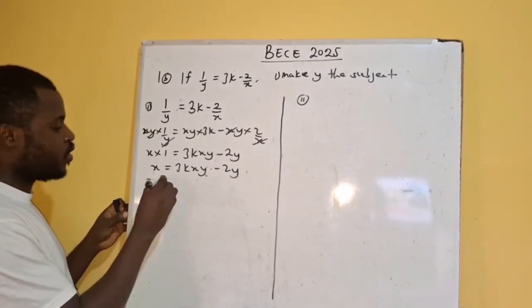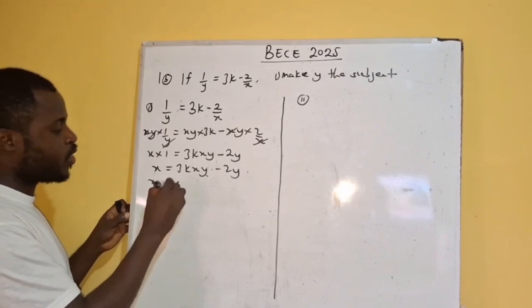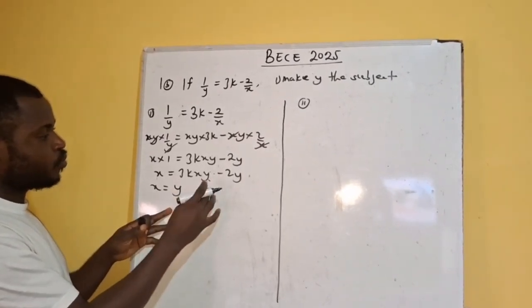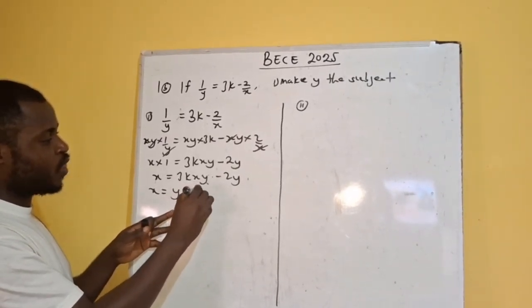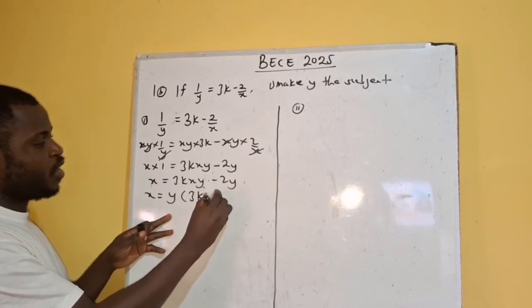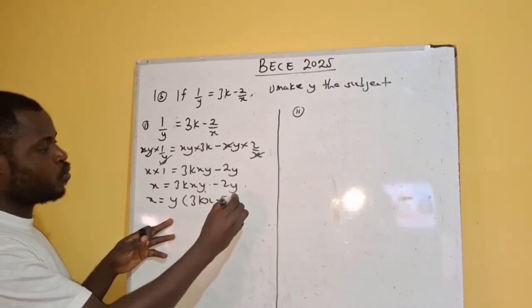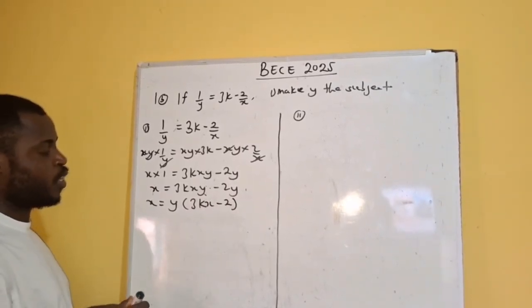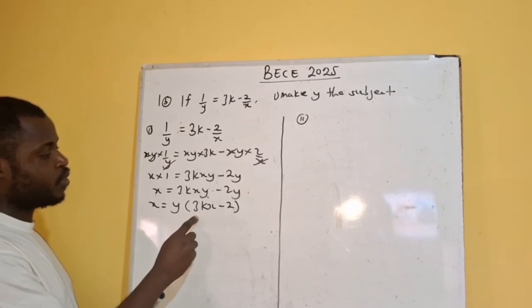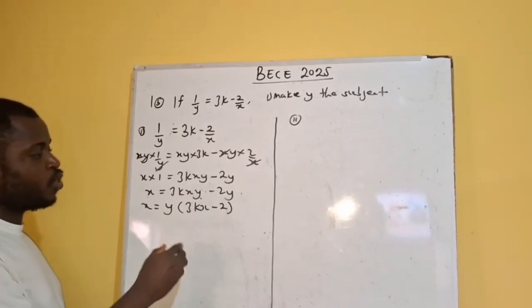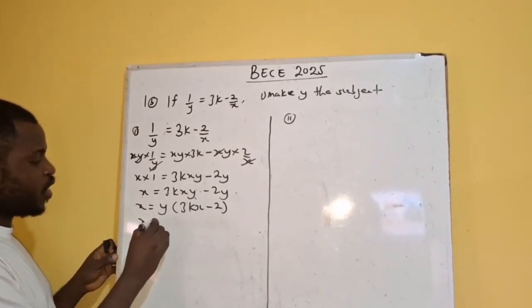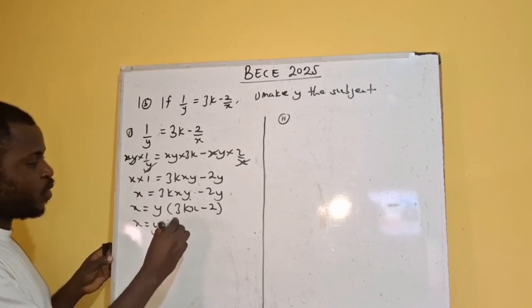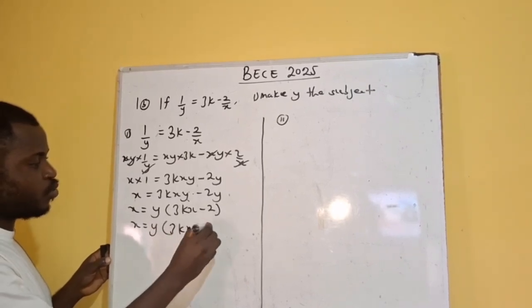So we have x is equal to, the common factor here will be y. So y, and we have 3kx minus 2, because when you multiply this and this back, you are going to get this. So x is equal to y, bracket open, 3kx minus 2.